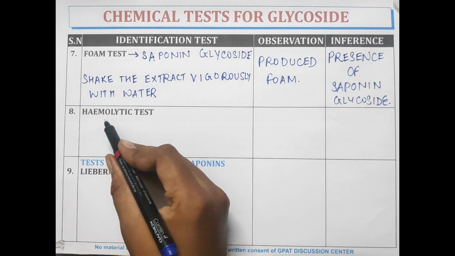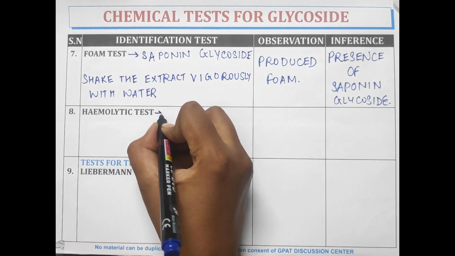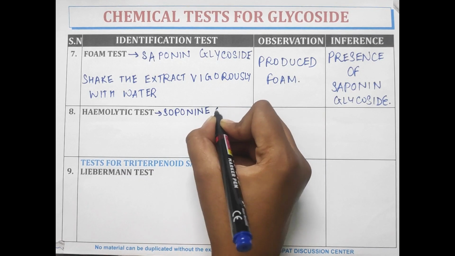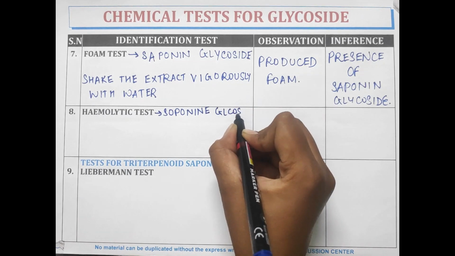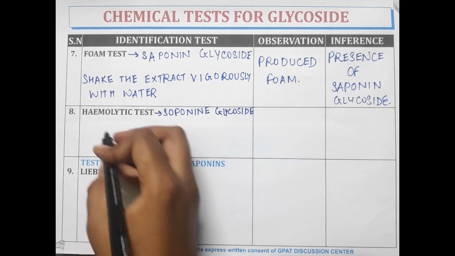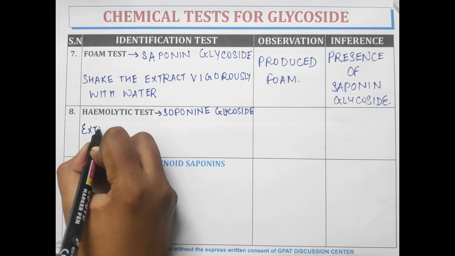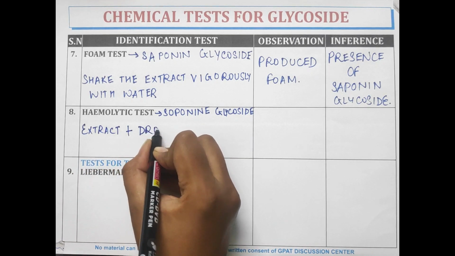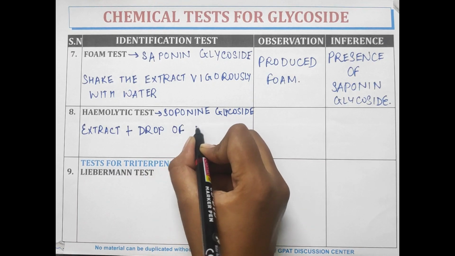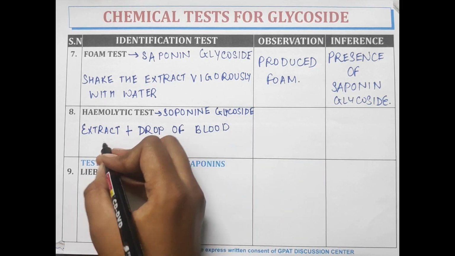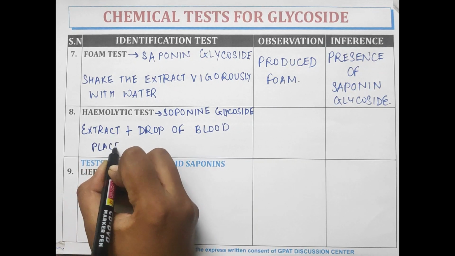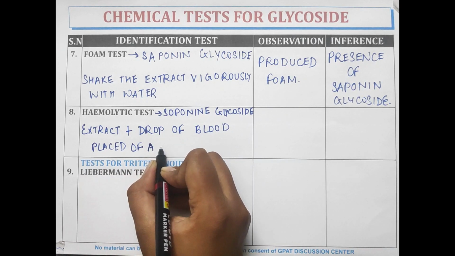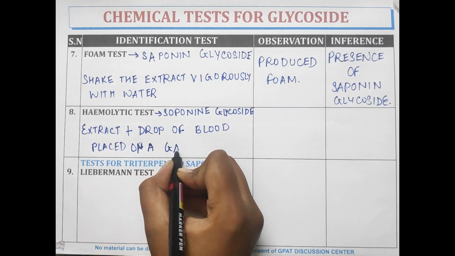Another test is hemolytic test. This test is also for saponin glycoside. In this test, the extract is taken and a drop of blood is placed on a glass slide.